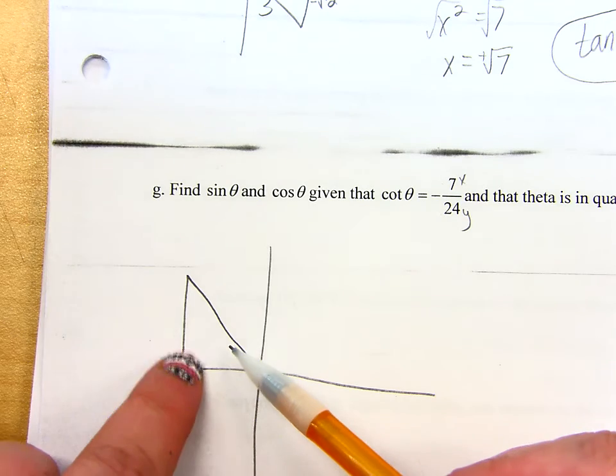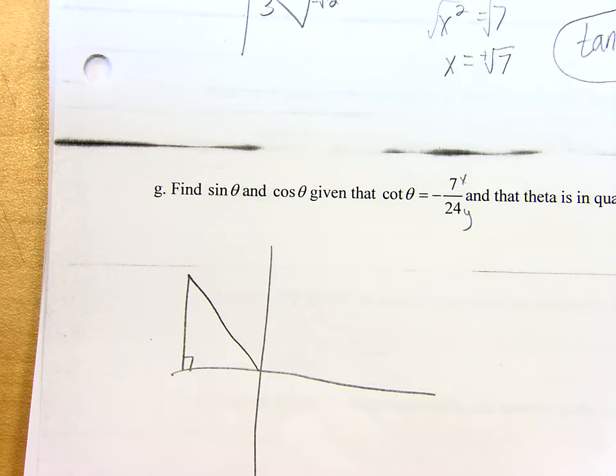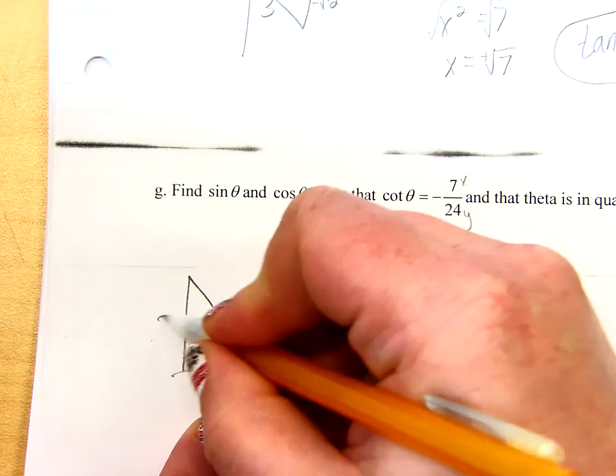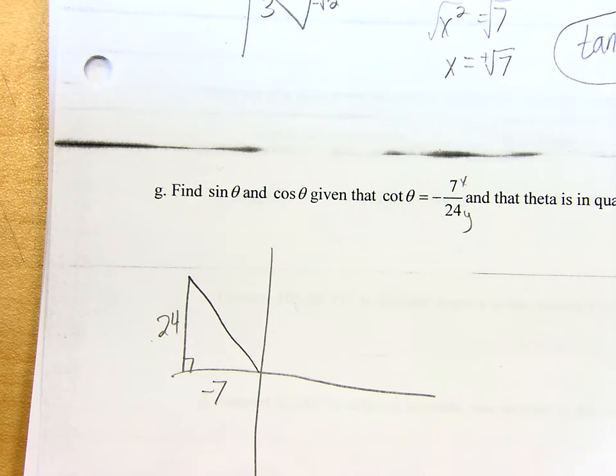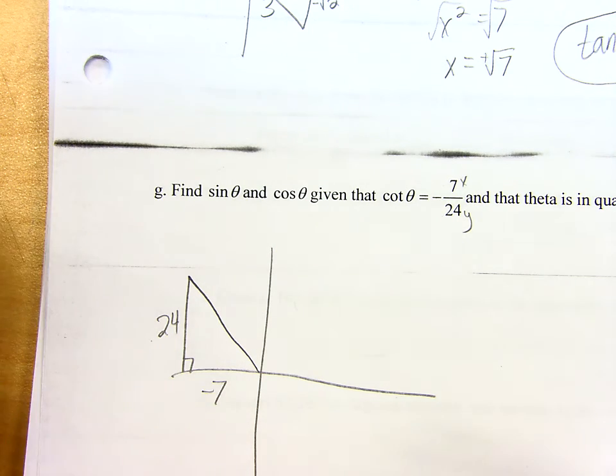If I'm in quadrant 2, though, it matters who you attach that negative to. I went negative 7 in the x direction and y is a positive 24. So now that I have this, can I just find r and then I can find all the pieces? Right, you with me? All right.